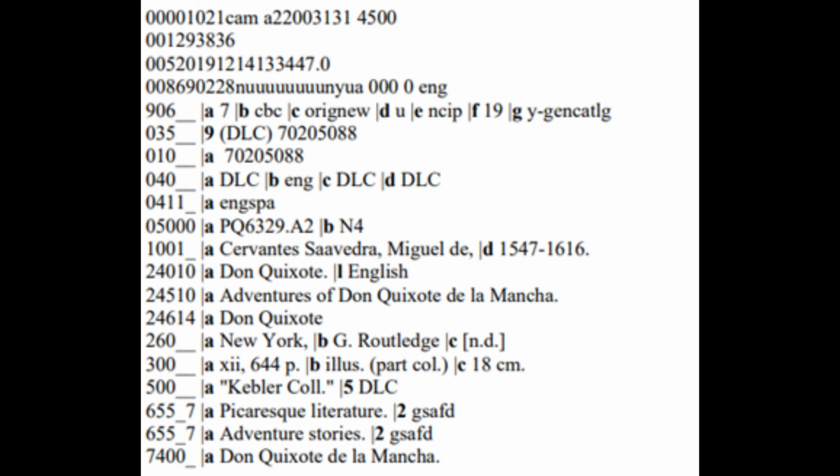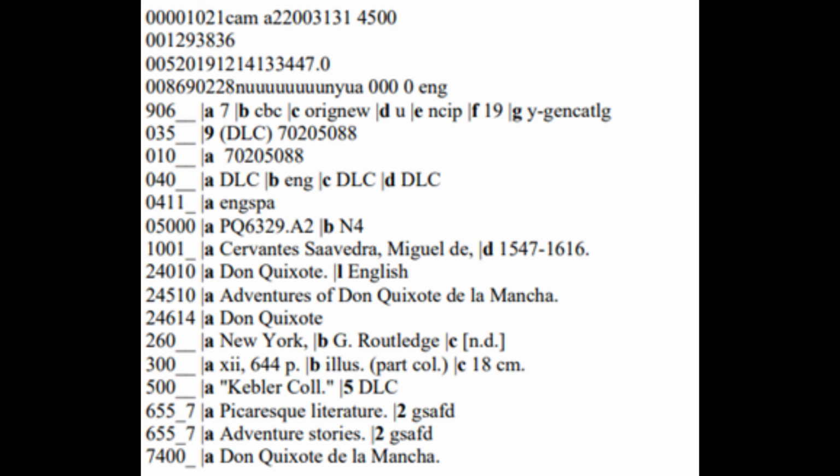And then you will wonder as to why we don't have subfield code C in tag 245. So you should indicate in tag 245 Miguel de Cervantes Saavedra. Okay, then do not include the dates of his birth and death. You just indicate it in tag 100.